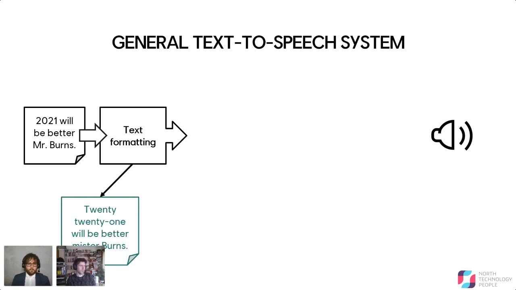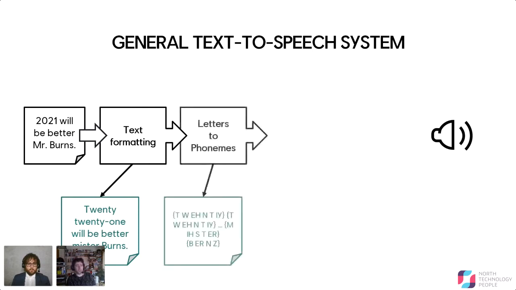And once it's done, to make it easier for the machine, you have to translate everything into phonemes. This is not always needed in every model, but most of the time you will get better results if you train with phonemes, or even better if you train with a mix of both letters and phonemes, if your model supports it.